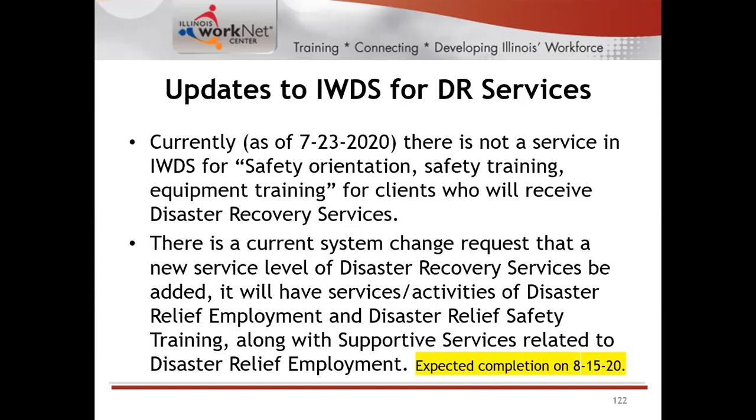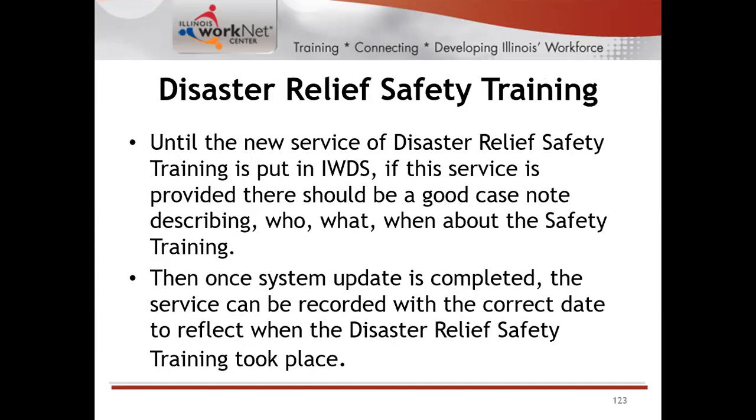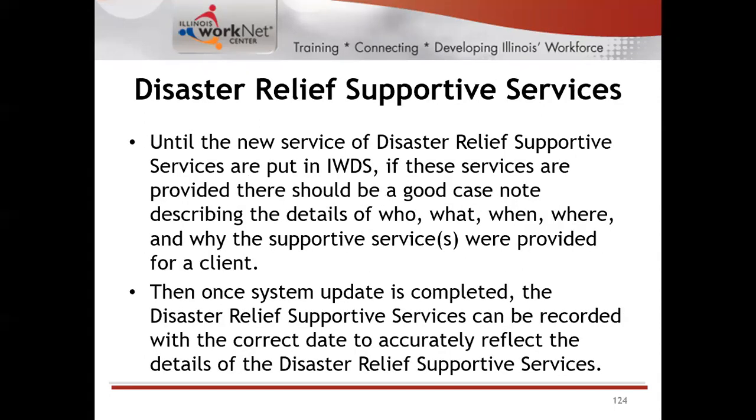Until that time, you're going to be case noting the who, what, whens, wheres and whys of the safety training and of any supportive services. You'd want that information in for your own staff, too, because they're going to go back and date those services as relevant to when they did occur, once those changes get put into IWDS.